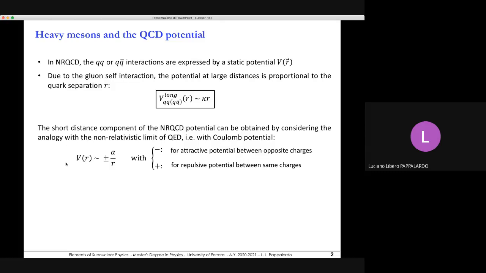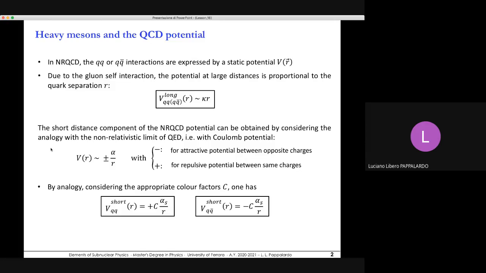So in complete analogy to this, the short distance QCD potential is chosen in this way, okay? So essentially the same shape, of course corrected by the proper color factor, the one that we defined yesterday, okay? And the plus or minus depends on, indeed, if they are the same charge, so essentially quark-quark, or opposite charge, quark-antiquark, where in this case the charge is the color charge, of course.